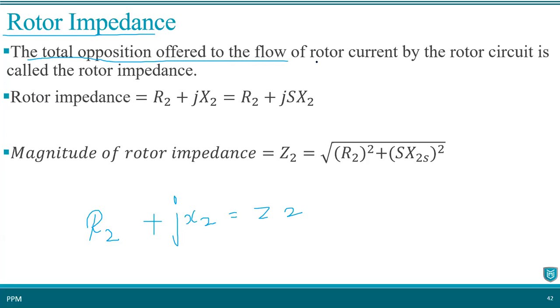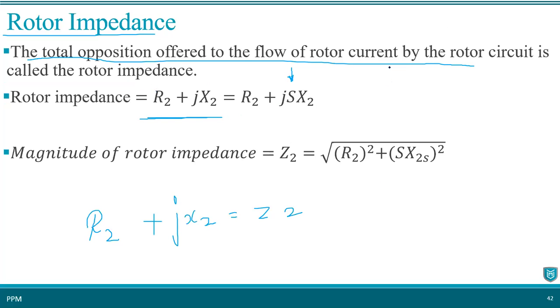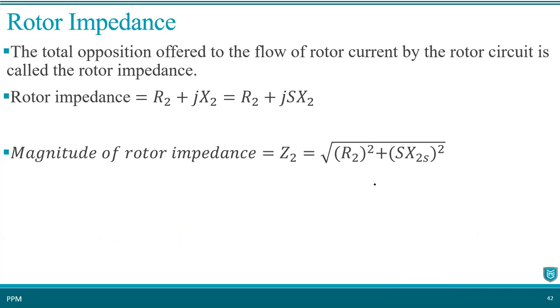The total opposition offered to the flow of rotor current depends upon R2 plus jX2. And why are we considering slip? Because this X2 depends upon the slip. Let me show you this equation again. This is dependent upon the slip. That is why we are considering this part as S into 2 pi F L2. So ultimately we can say the magnitude of the rotor impedance is equal to the square root of R2 squared plus (S X2) squared. I think all of you know about this parameter.